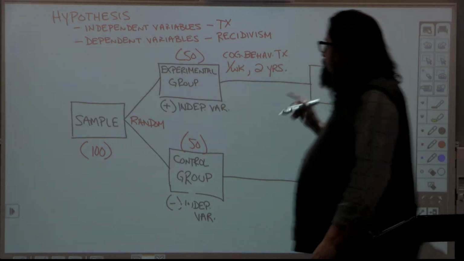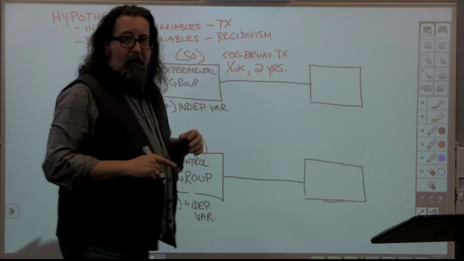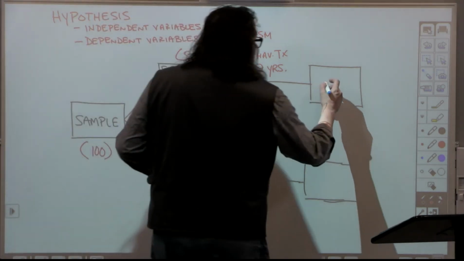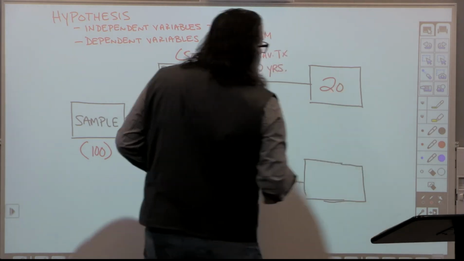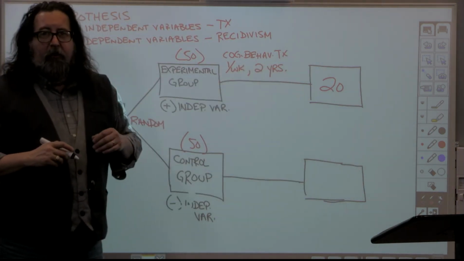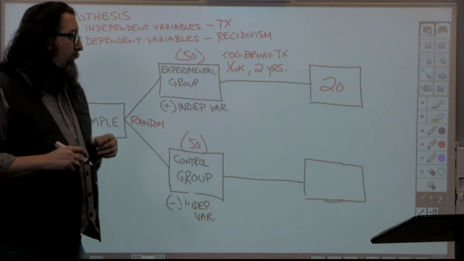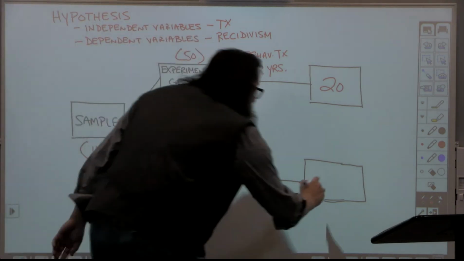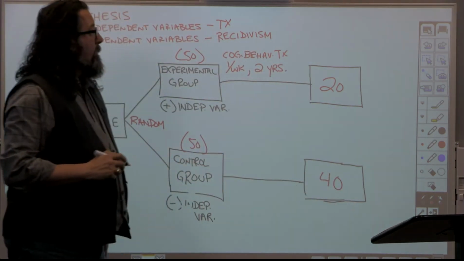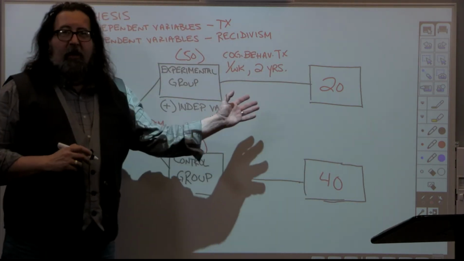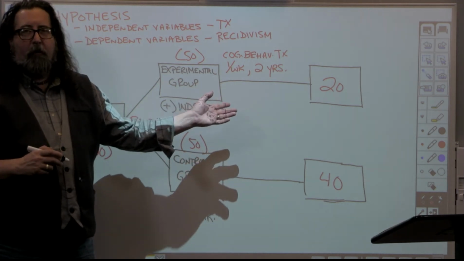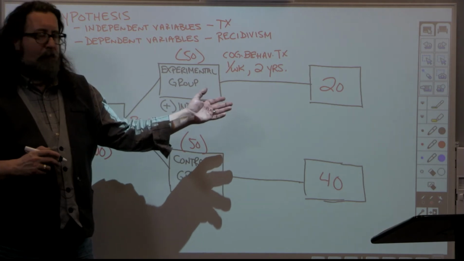Let's assume, and I'll give you one example, that at the end of these 2 years, 20 of the offenders in the experimental group got rearrested during those 2 years for another sexual offense, and 40 got rearrested in our control group. Now again, that's data collection. During those 2 years, we have access through public records as well as the probation office to who got rearrested for what.